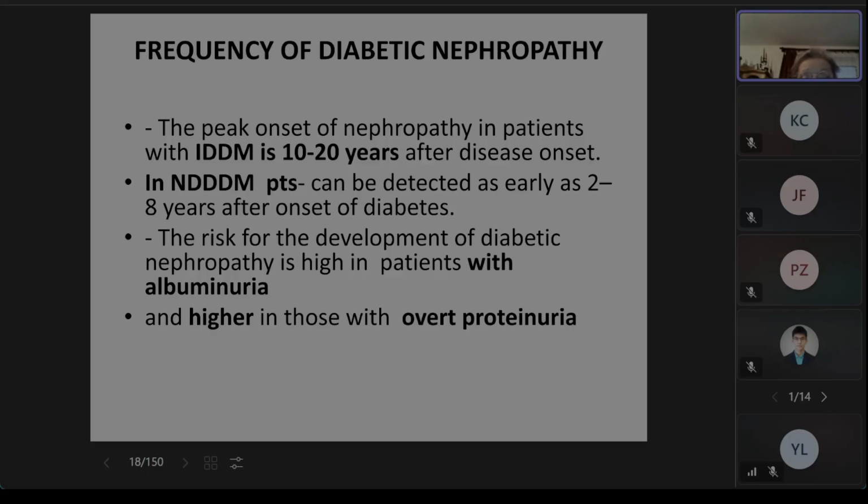This is why it is quite enough to live even some years, for example 5 years, no longer, to detect diabetic nephropathy in such patients. The first sign of diabetic nephropathy must be albuminuria. In patients with much more advanced diabetic nephropathy, we can even find overt proteinuria.